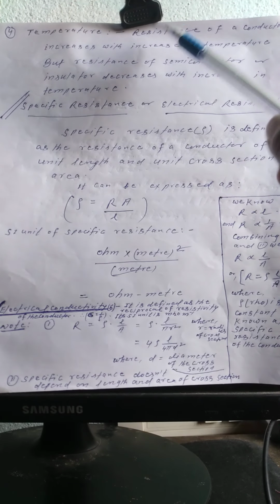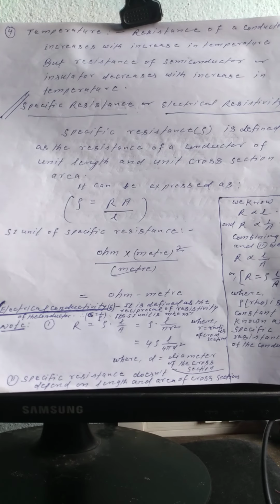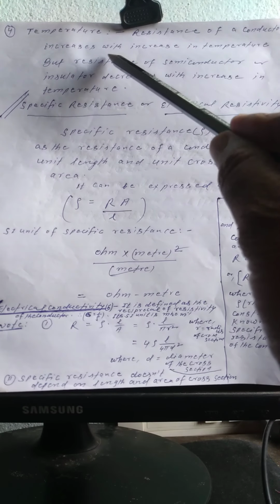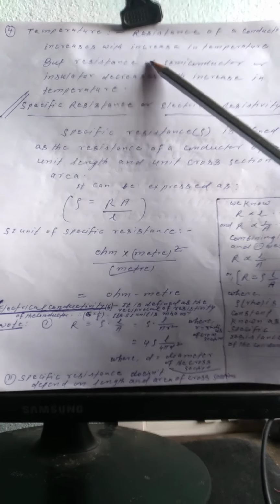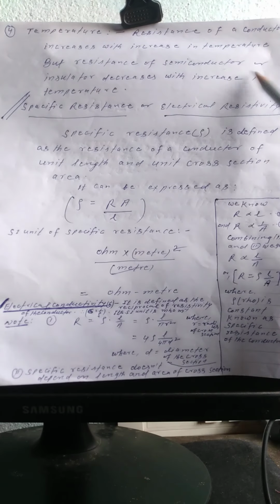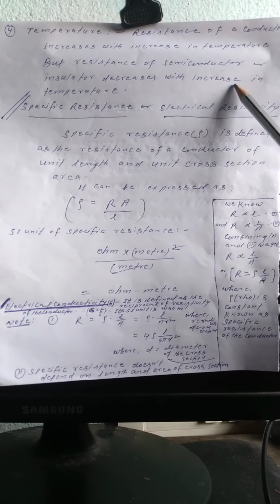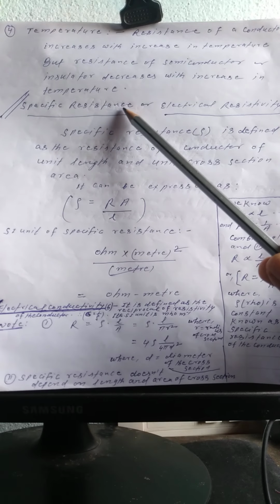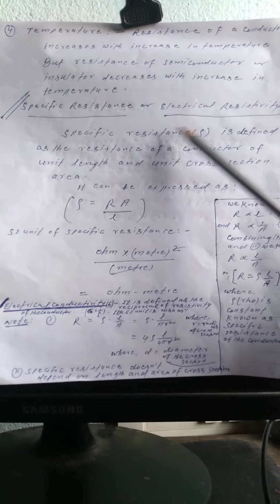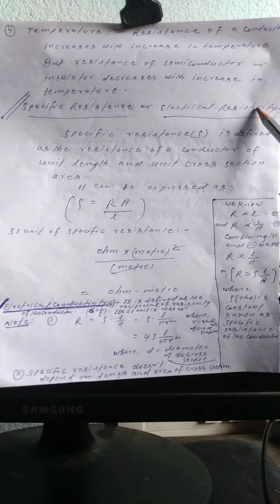Now temperature. Resistance of a conductor increases with increase in temperature, but resistance of a semiconductor or insulator decreases with increase in temperature.